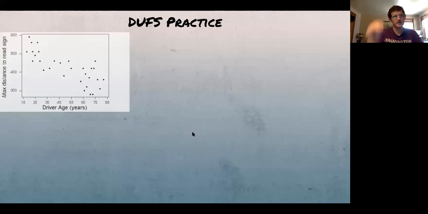Here's the first one. Anyone brave enough to describe that scatter plot?